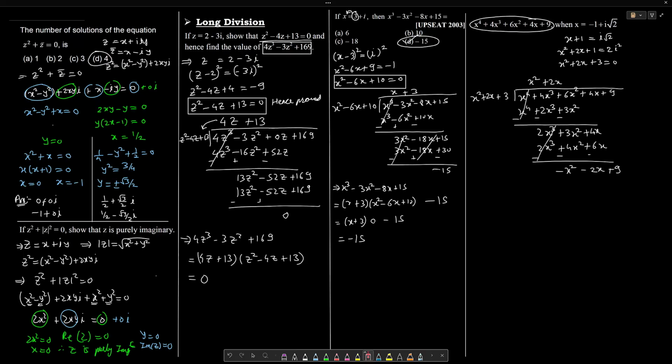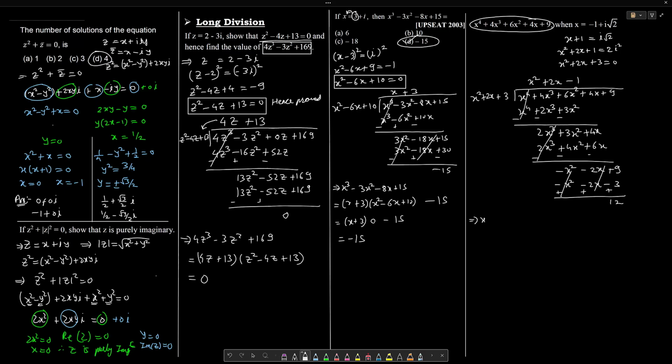4x minus 6x, minus 2x plus 9. Now we need minus x square. So multiply minus 1. So we'll get minus x square minus 2x minus 3. Change the sign and we will get 12.